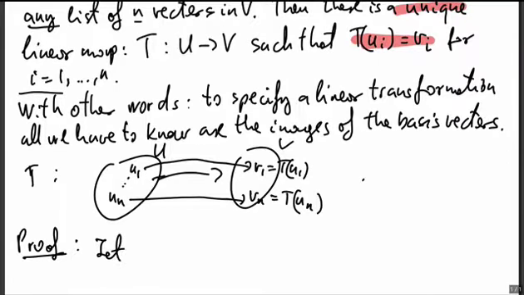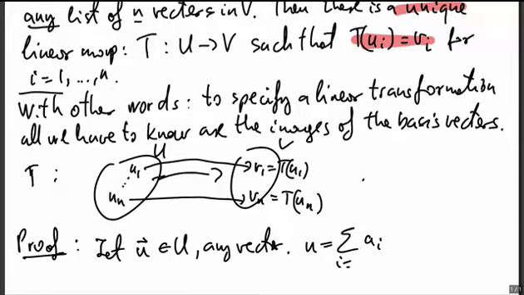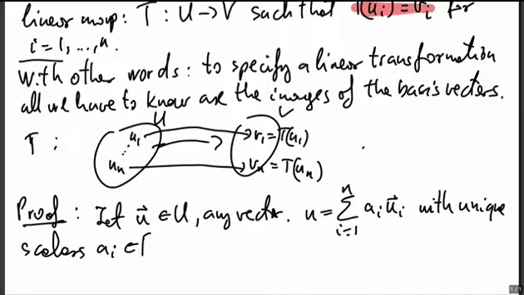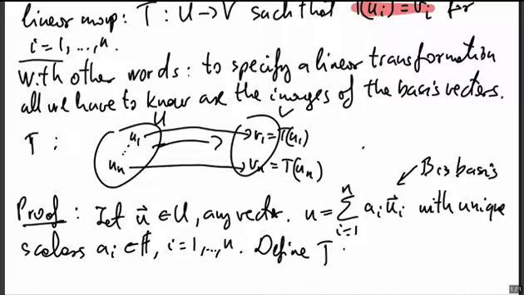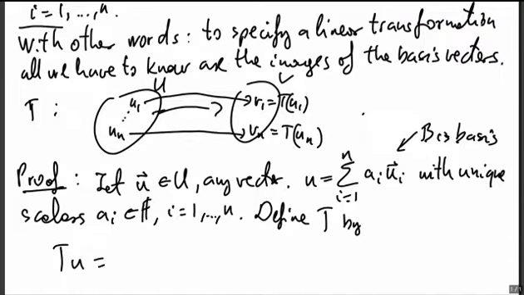So we just choose any vector u in U, and because we have a basis B, that means u can be written as the linear combination of the sum of ai ui with the basis elements, with unique scalars ai in the field F, i going from 1 to n, since B is a basis. Then we define T by the formula: for linearity, if you apply it to the sum, it's supposed to go term by term, and the scalar is supposed to be factored out.